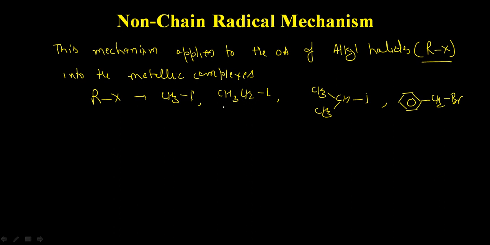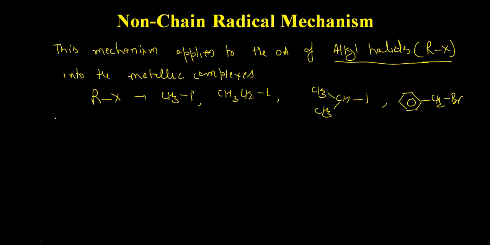These molecules can be added oxidatively into organometallic compounds or some coordinate compounds. The mechanism involved will be a non-chain type mechanism. So this is a very basic and very important point: alkyl halides are generally added oxidatively through the non-chain radical mechanism into coordinate compounds.